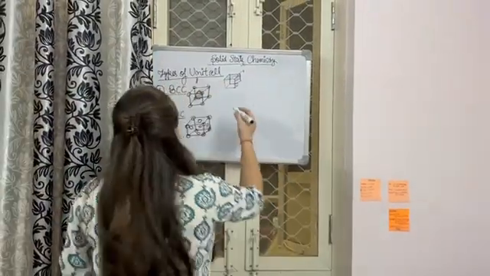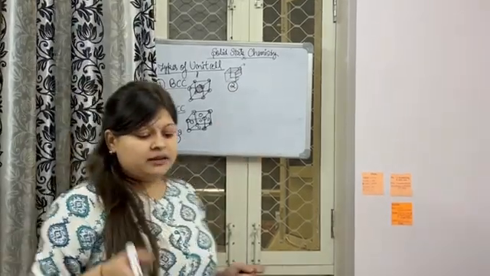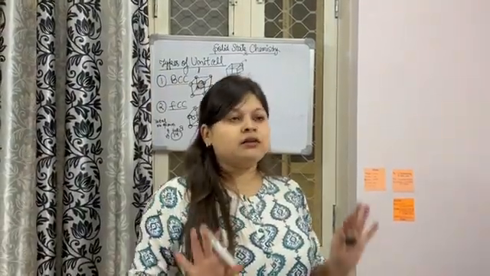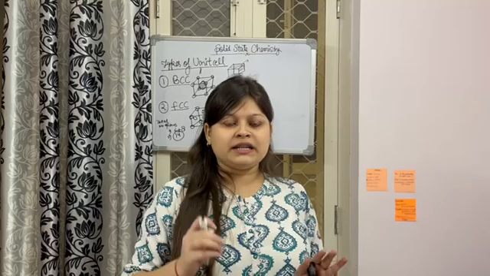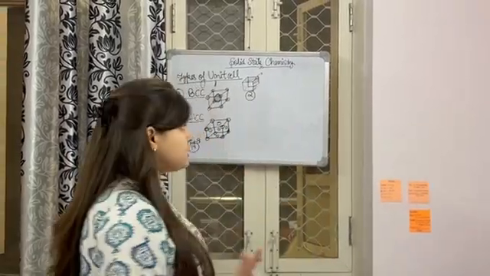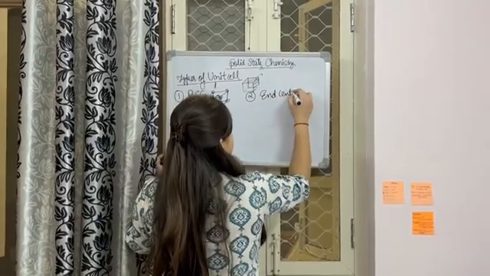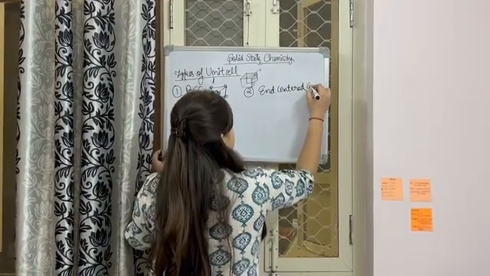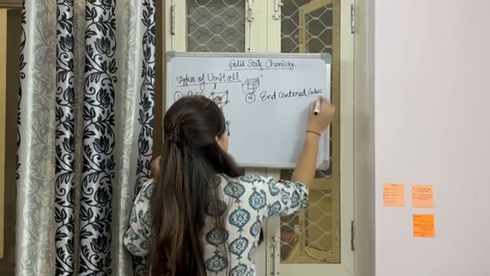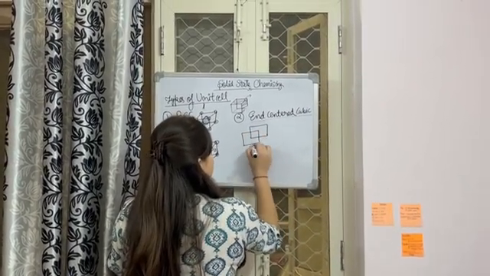Third is an end-centered cubic unit cell. Generally we see that the end-centered is simple: all the lattice points at all the corners and any 2 of the opposite faces is considered as end-centered. You can see this by the example, it will be very clear.